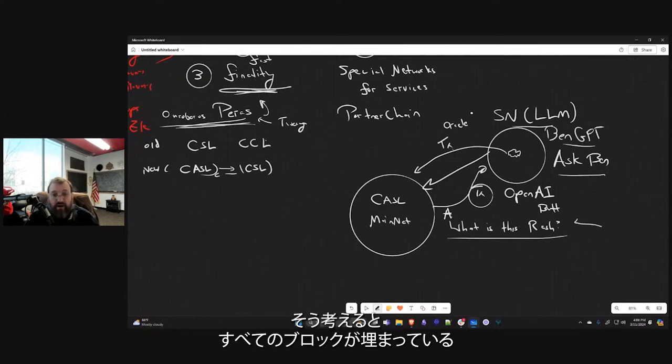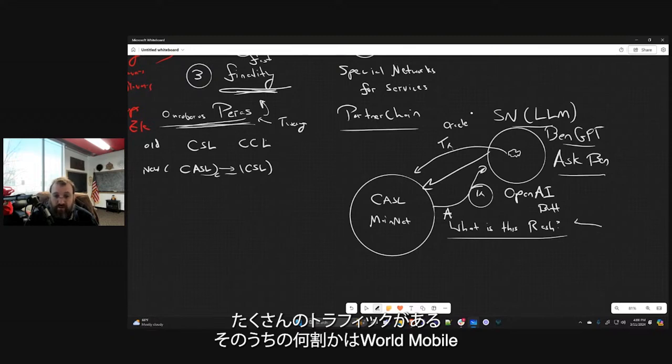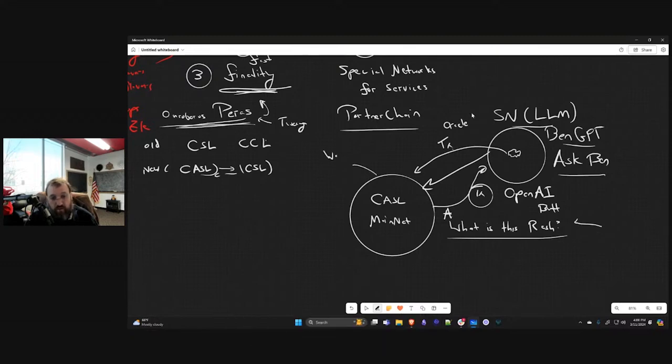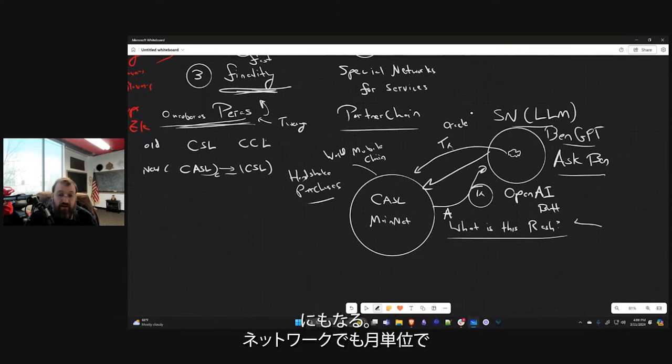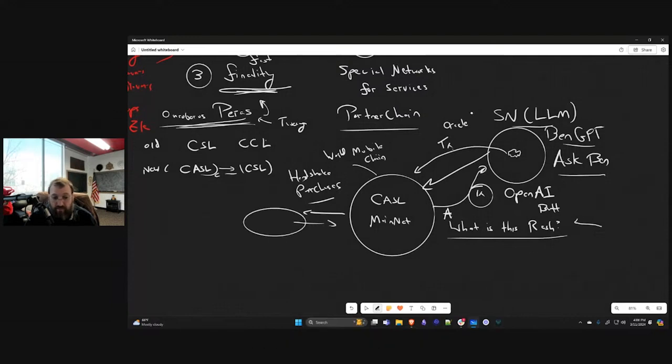So when you really think about it, every one of those blocks are filled with a whole bunch of traffic, and maybe some of it's World Mobile, where they're going to have millions of customers, and those millions of customers are going to be connecting their phones, and there's a handshake to connect their phone. There's purchases on a daily basis of some bandwidth, all those things. Those are millions to billions of transactions, even for a modest scale network, on a monthly basis.